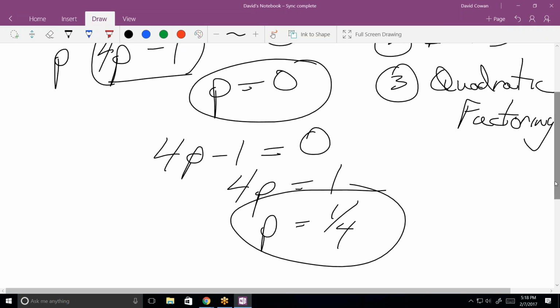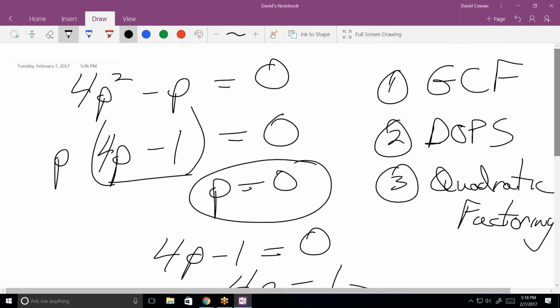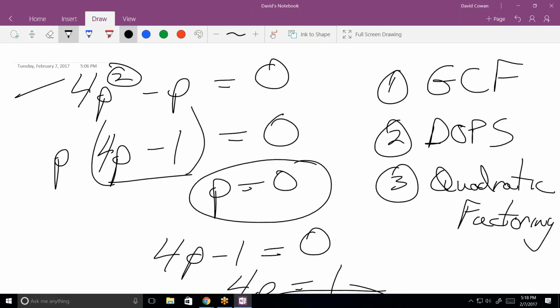In other words, this started out where the greatest power was 2. That makes it a quadratic. We expect 2 solutions. Now, sometimes quadratics will give you only 1 solution, but it'll have a multiplicity of 2, and it'll just be 1 solution.